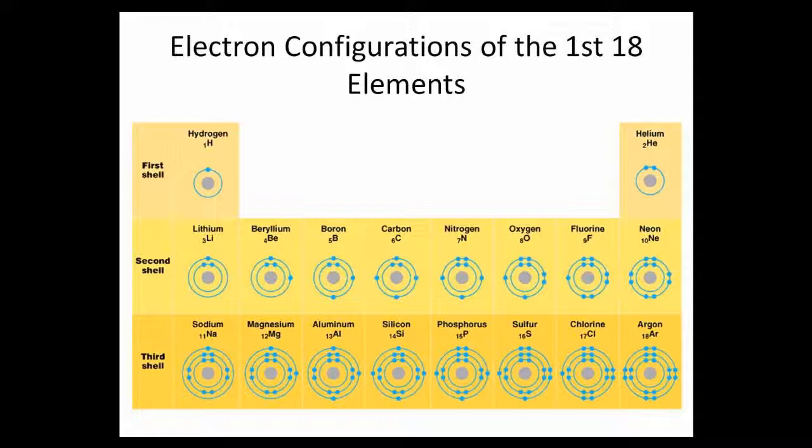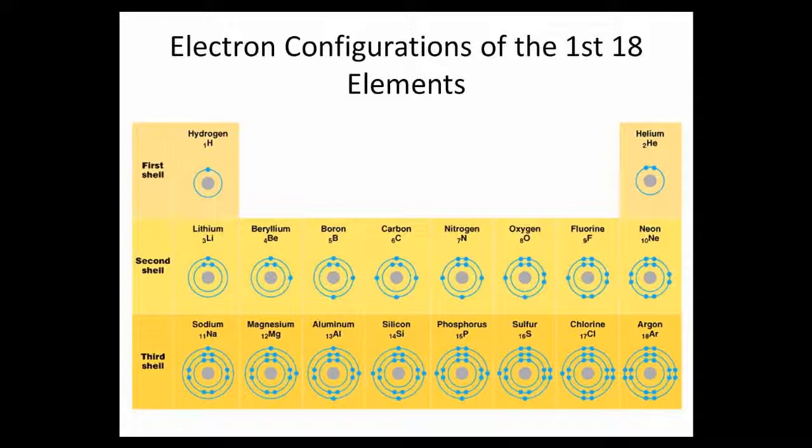In this drawing, they showed the 2 electrons in that first shell. Now the second energy shell can contain up to 8. We can see that oxygen has 2 electrons in its first shell and 6 electrons in its second. Neon, on the other hand, has 2 in its first shell and 8 within the second.